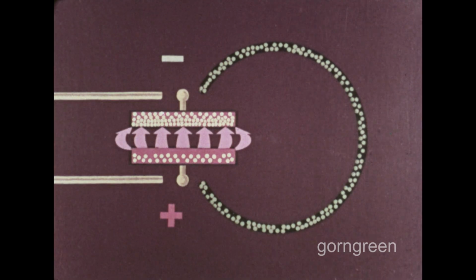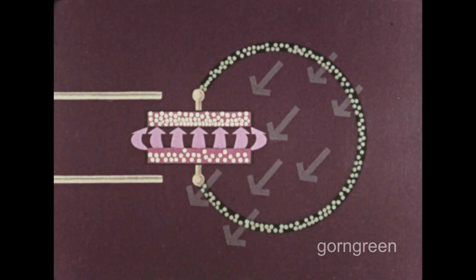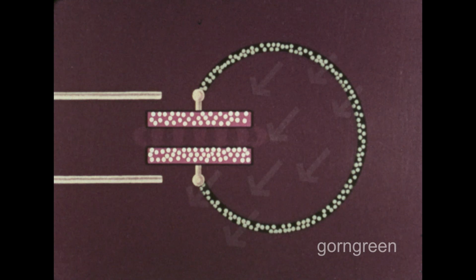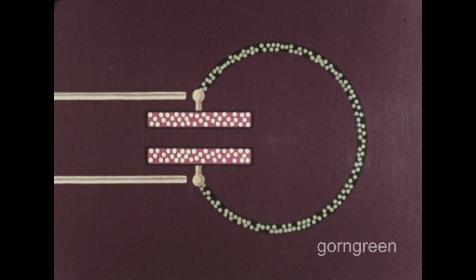As we've already seen, the oscillation dies out. This is partly due to electrical resistance in the circuit. The action, however, can be maintained by a regular supply of energy.